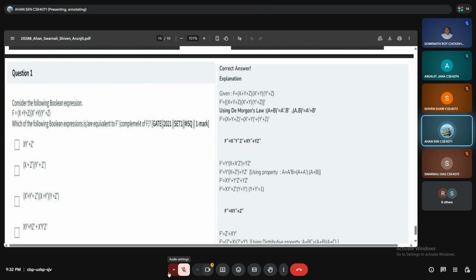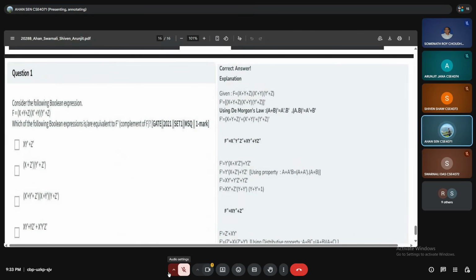Yes, the next question is about a Boolean expression, and it's about the minimization of the DFA. So here we use simple De Morgan's law. As we know, the complement of A plus B becomes A complement and B complement. So in the given function, we have x bar y bar z bar plus x y bar plus y z bar.